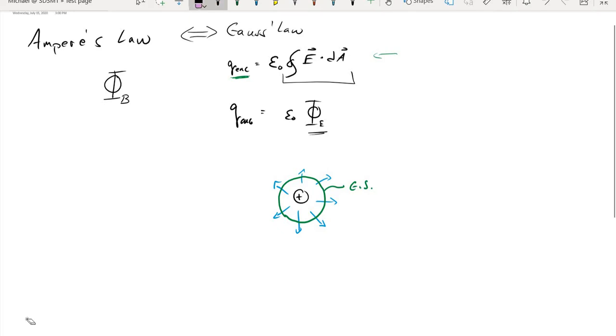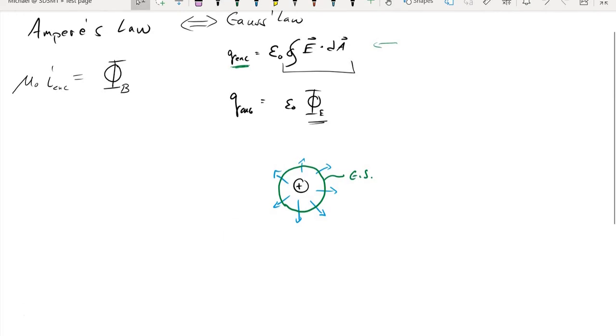I need to move this over a little bit because, as it turns out, our magnetic permittivity actually shows up on the other side of the expression. There's a little bit of a difference with where the permittivity values go. But now we can take the idea of electric flux and we can pair it up against what we would expect for a magnetic flux.